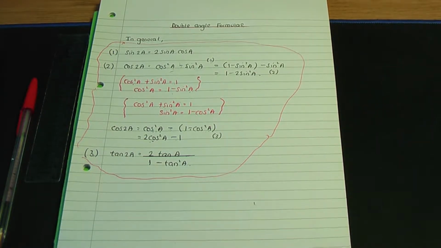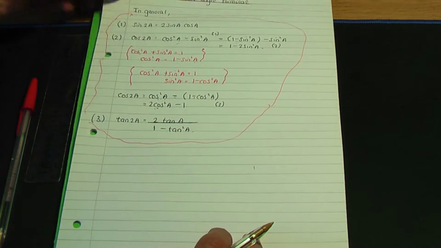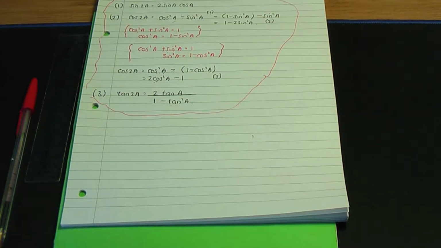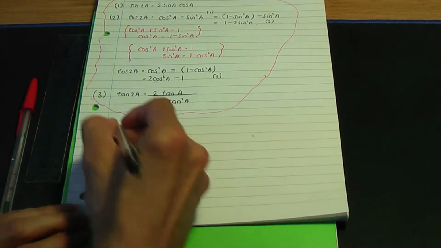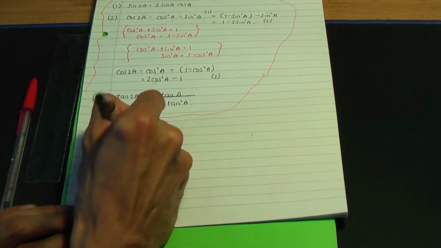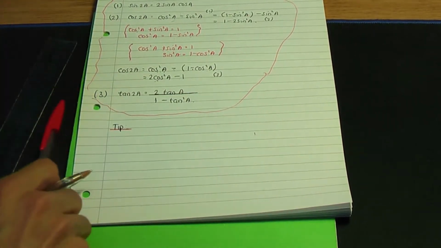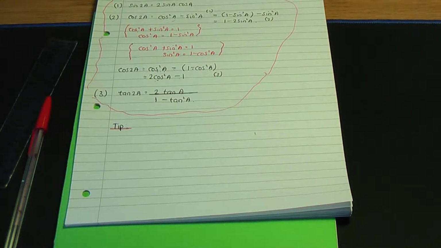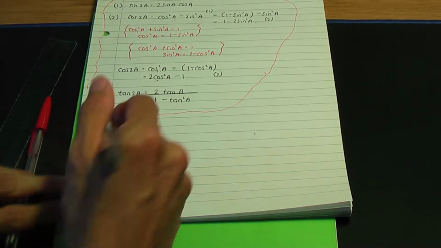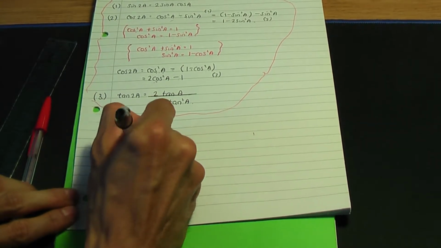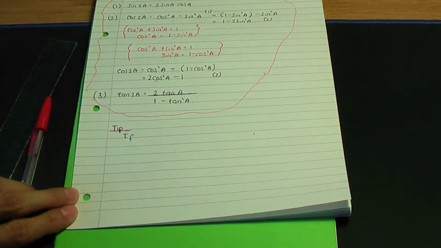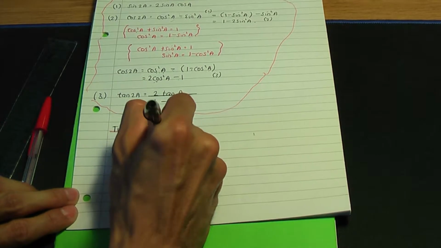Now let me give you a tip in terms of when to use the double angle formulae. So here's a tip. This often works: use the double angle formulae if your equation contains 2 of an angle. Let me write it out in shortened form.